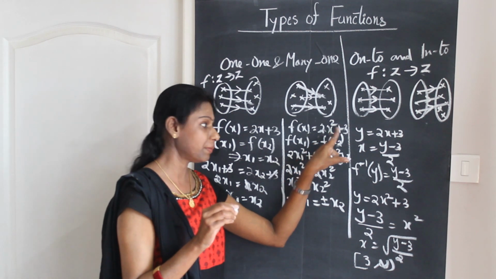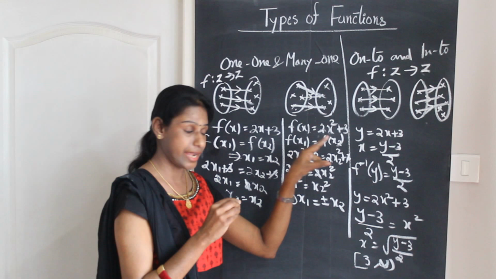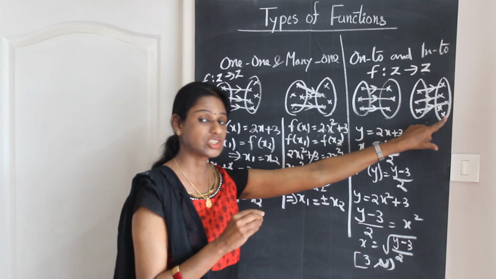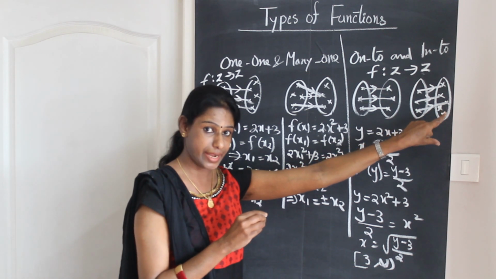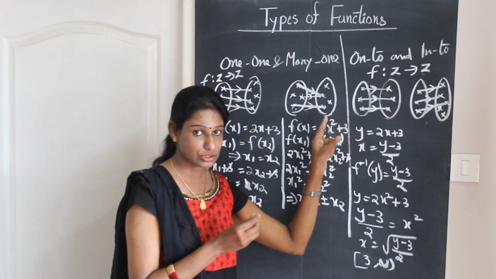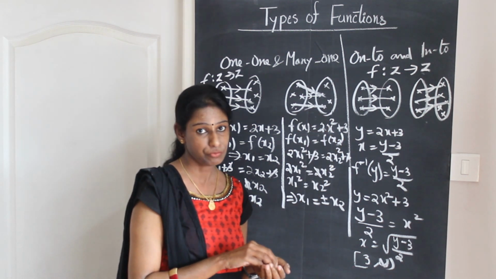So 2 times 0 plus 3, so the minimum value of the range will be 3 only. So there will be extra elements in the codomain that are not attached to the elements of the domain. Therefore it will be an into function.